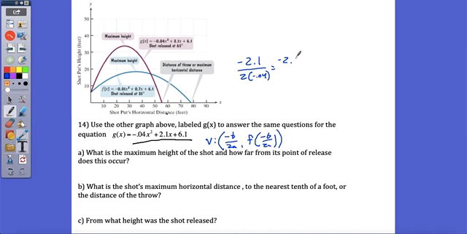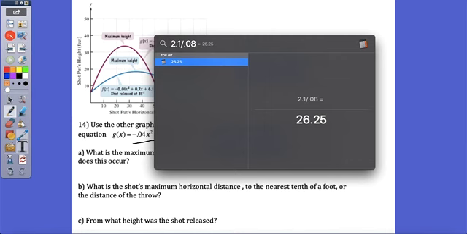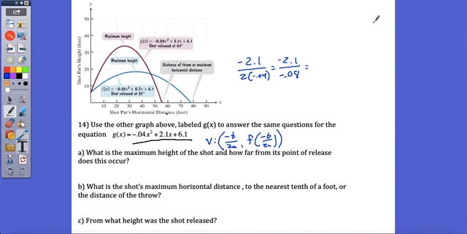So we got negative 2.1 over negative 0.08. And we calculate that, and we get 26.25. So that right there is the x coordinate of our vertex. So 26.25, comma something.